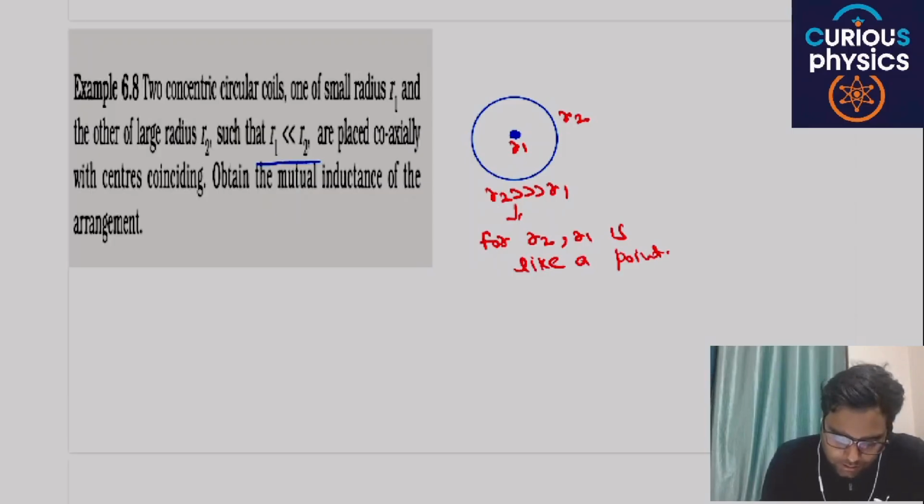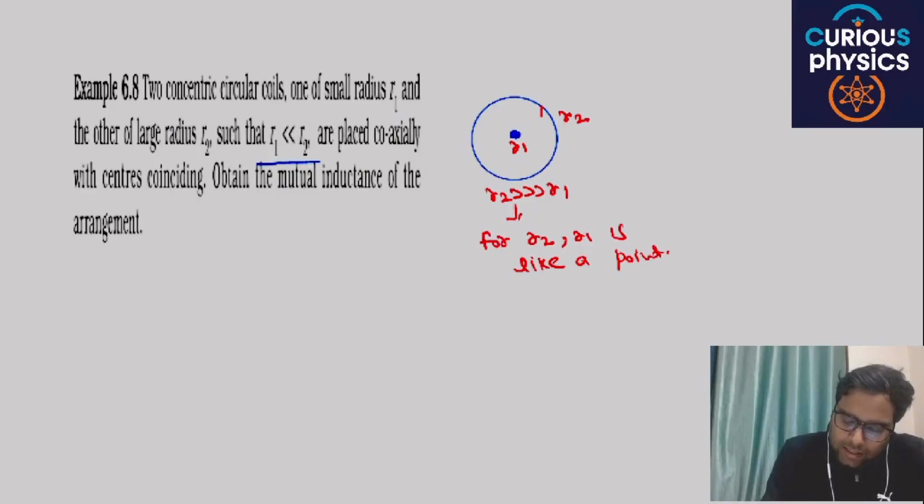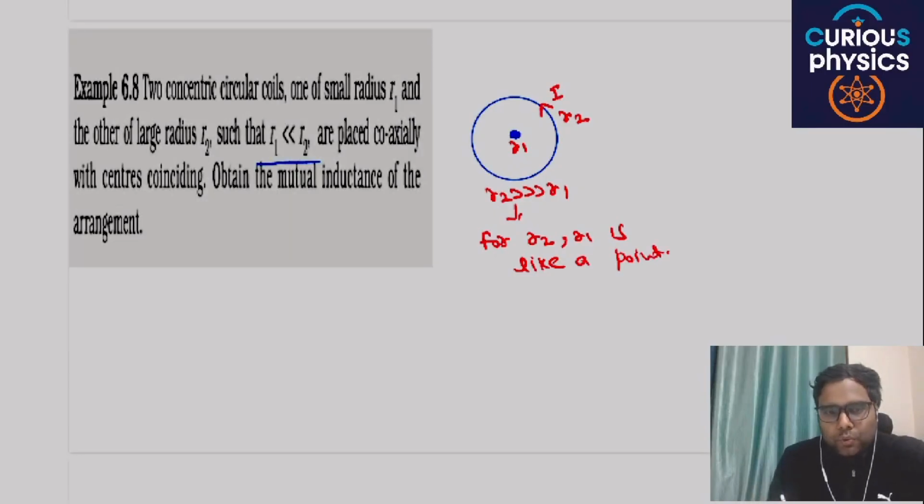So here you have to obtain the mutual inductance of the arrangement. Let's say a current I is passing through the R2 coil, then you have to find the value of mutual inductance.